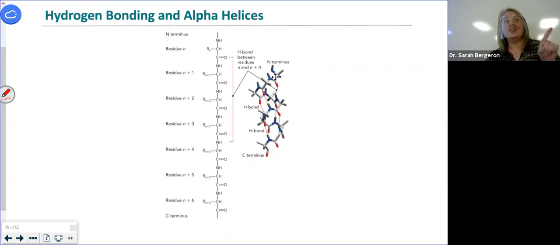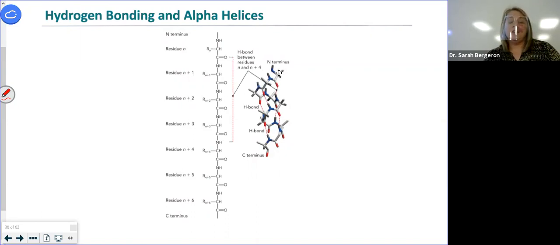Secondary structure is always going to be between the backbone. Tertiary structure is going to involve our side chains. Secondary structures are interactions from backbone to backbone, whereas tertiary are R group to basically anything.